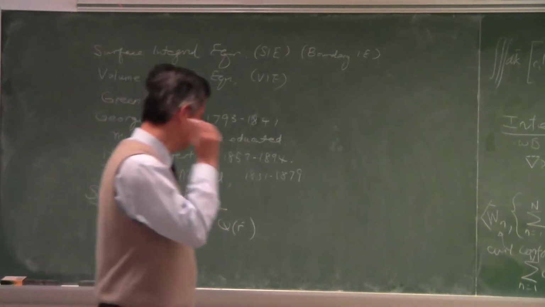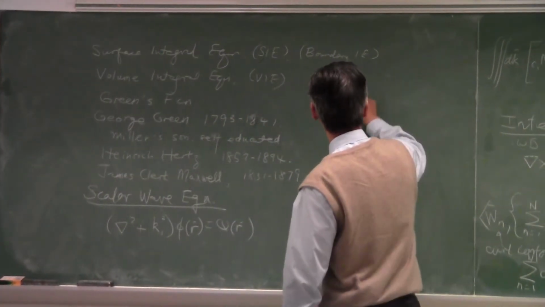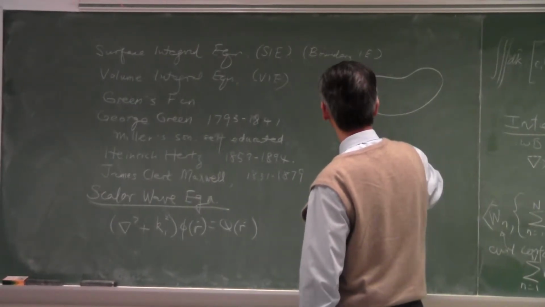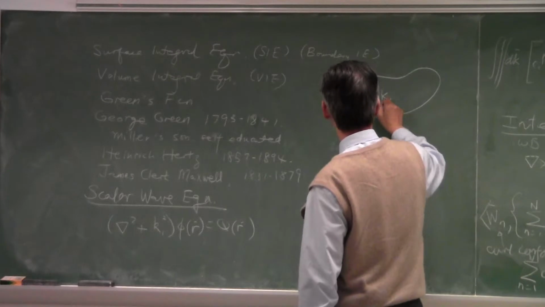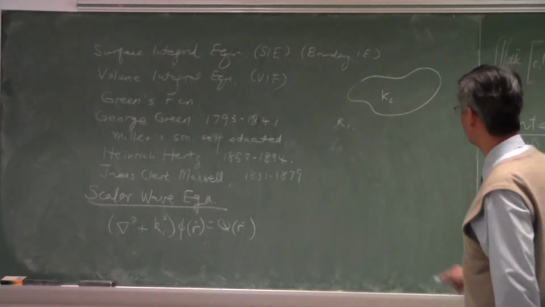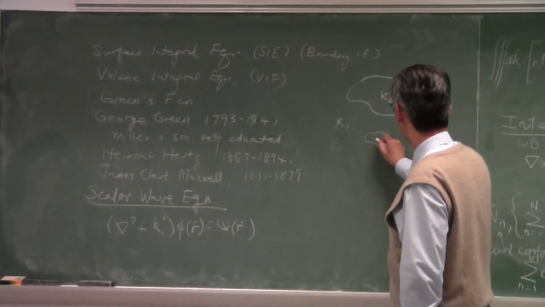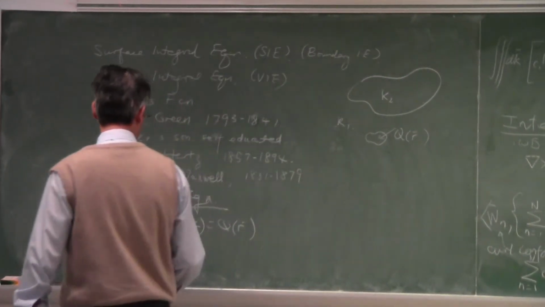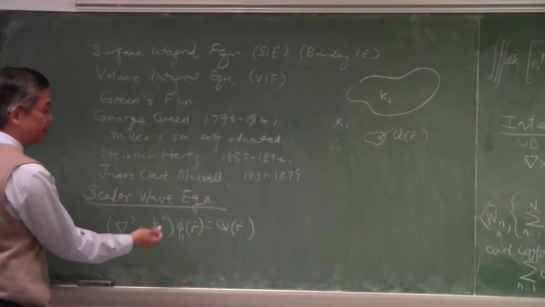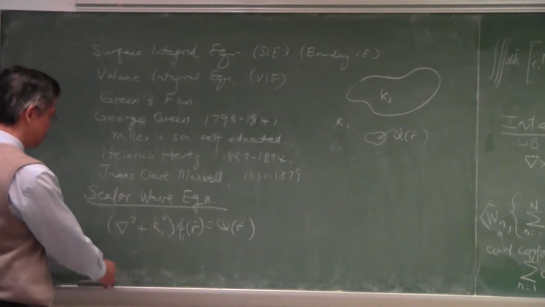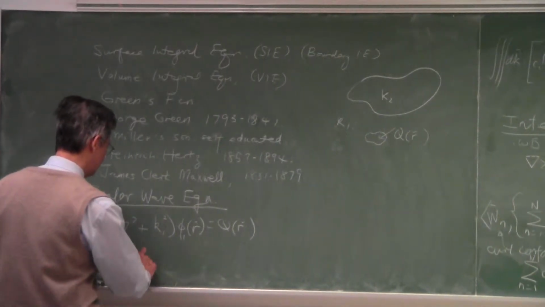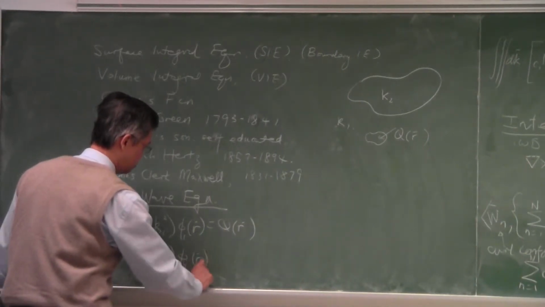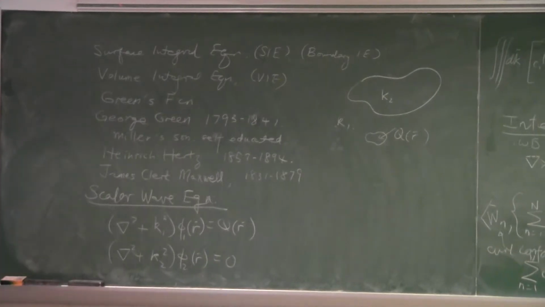And we assume that this corresponds to a two-region problem, that I have k1 in one region and k2 wave number in the second region, that have a source Q(r) in region 1. And I can write down the wave equation for region 1, and it will look something like this. And if I write down the wave equation for region 2, it will look something like this, since there's no source for region 2.